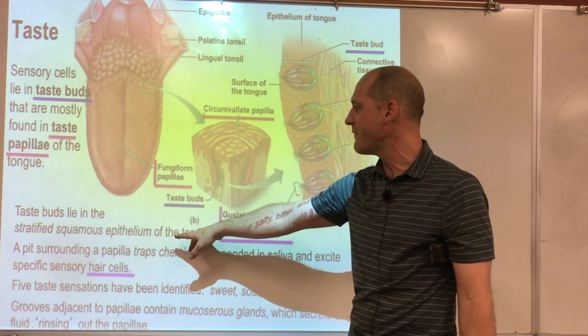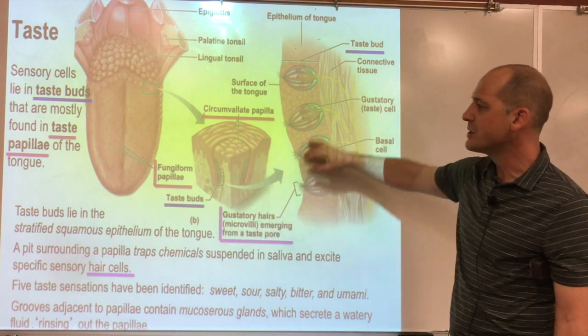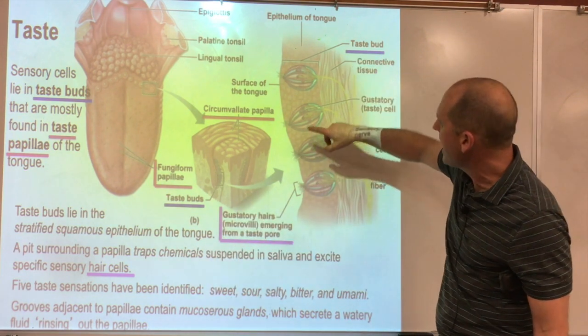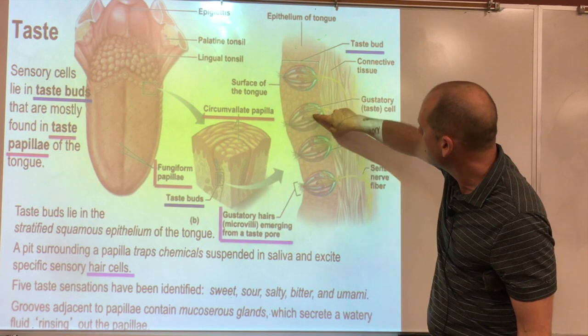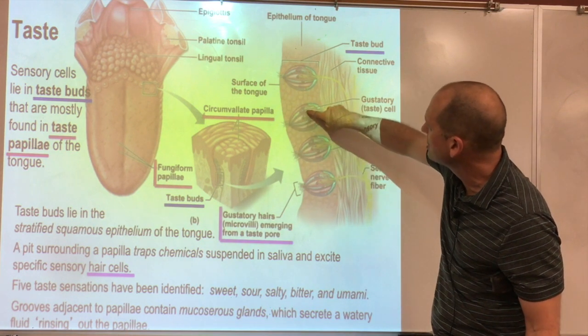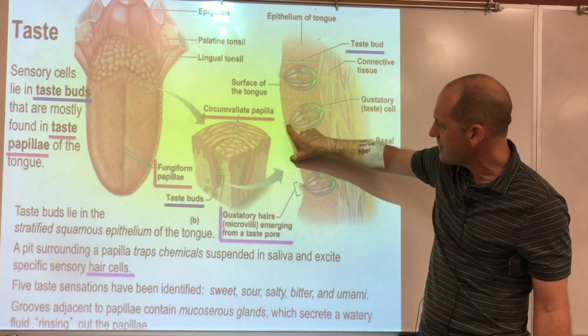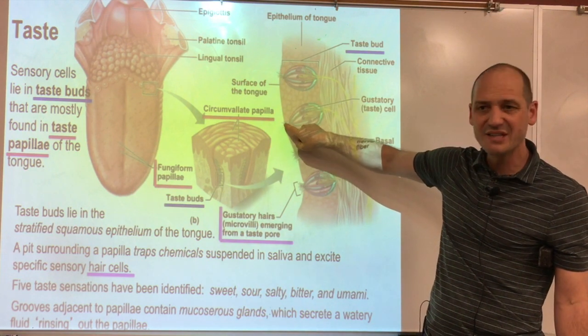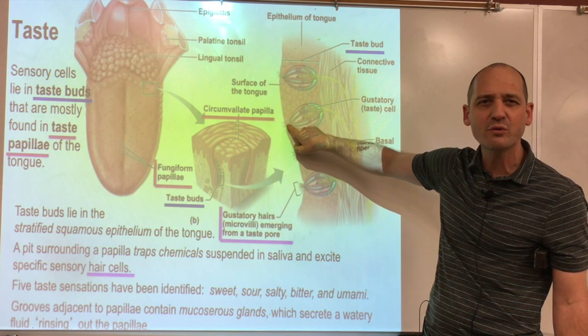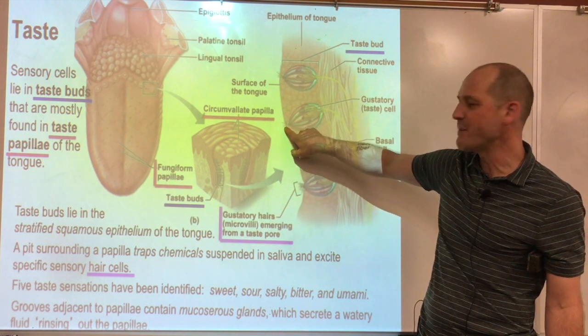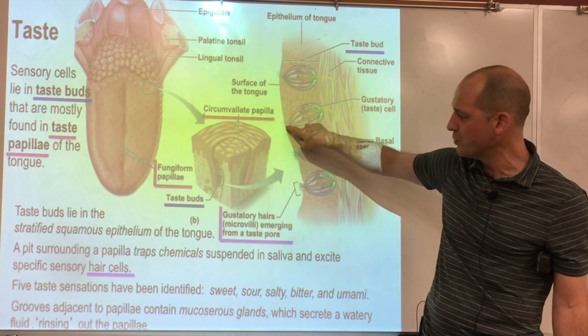And they are stratified squamous epithelial. They surround the pit. So what you have here is you have these gustatory hair cells on these taste buds. And they have hairs again on top. But this time the hairs don't code for movement, they code for chemicals that get dropped on it in solution.